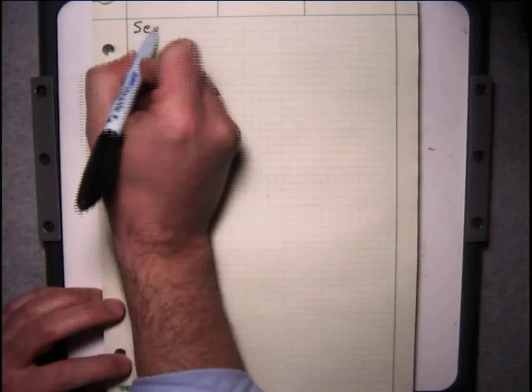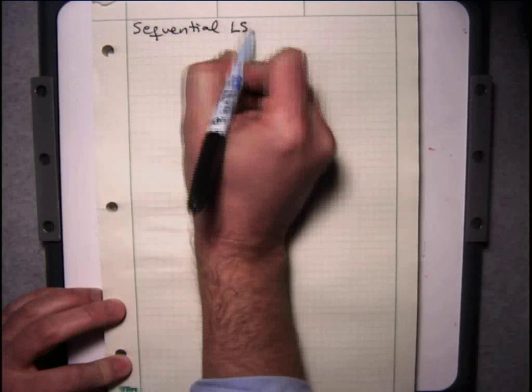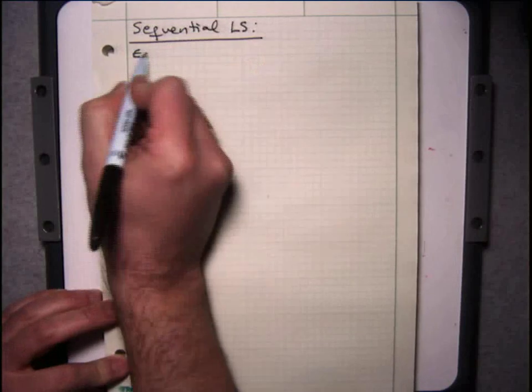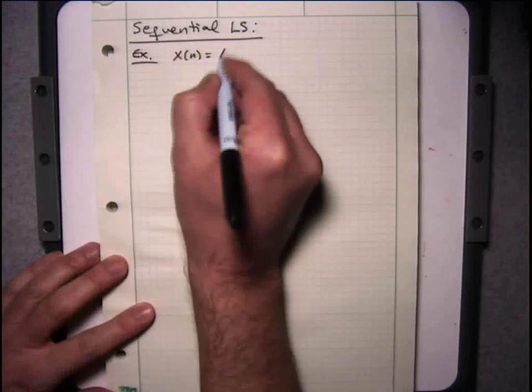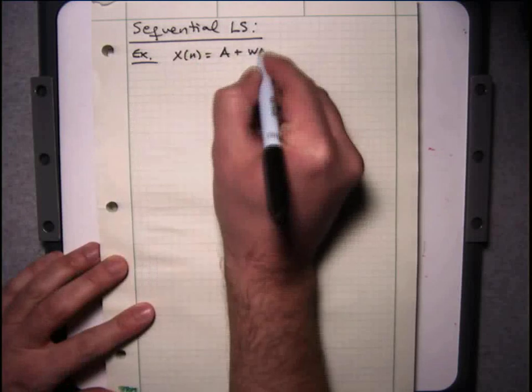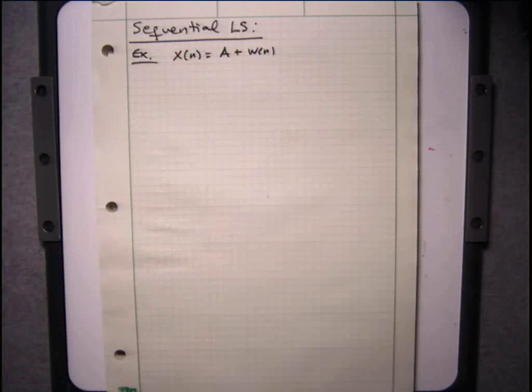If you remember from last time, we talked about sequential least squares via a very simple problem. We had x plus noise, and n data points, and then you got a new data point and wanted to update.